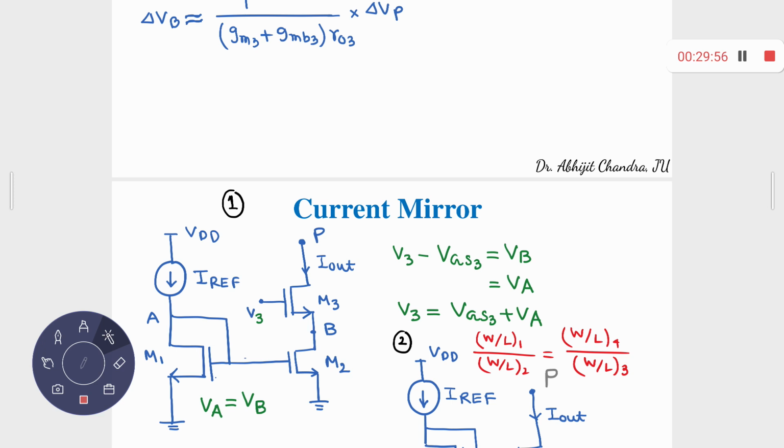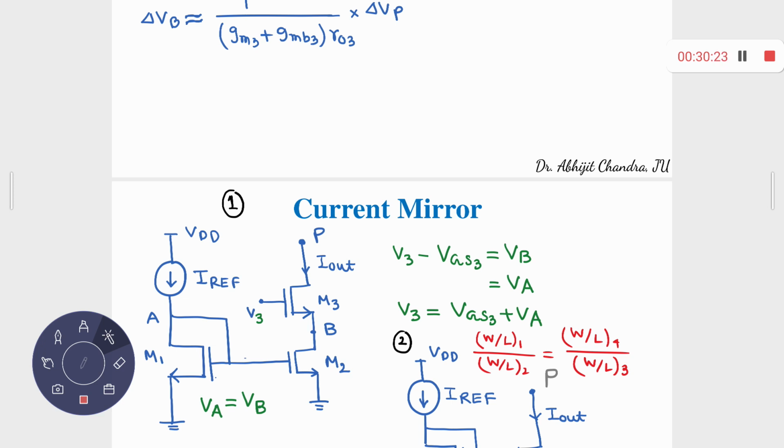Drain source 2 by drain source 1. If you can remember, 1 plus lambda VDS2 by 1 plus lambda VDS1. Source 1 and source 2 are connected to ground, fine. But drain 1 and drain 2 are not connected. So what you have to ensure is that the drain 1 potential and drain 2 potential should be same.